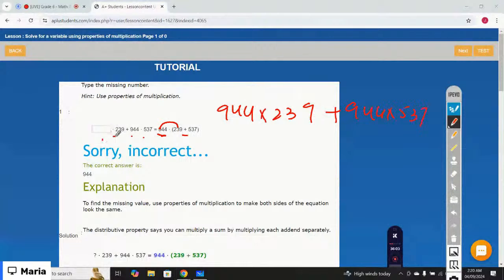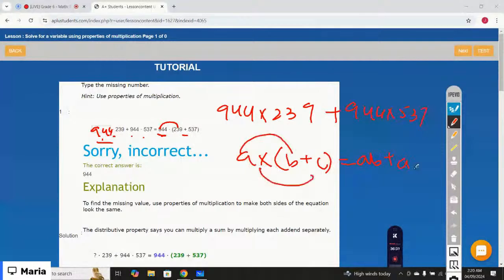So the missing number is 944: 944 times 239 plus 944 times 537. Whenever you have something written like A times B plus C, that is the distributive property. You have to do A times B plus A times C. The distributive property is very important, right?